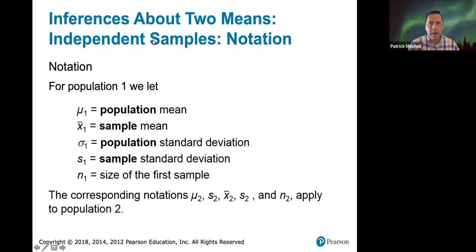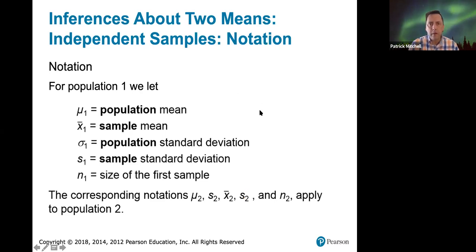The corresponding notations, mu sub 2, S sub 2, x bar sub 2, and then I noticed that one of these should be a sigma, and I would have fixed that before we got started, but there was no easy way to do it, so I just figured I'd do it this way. All right, those corresponding notations apply to population 2.